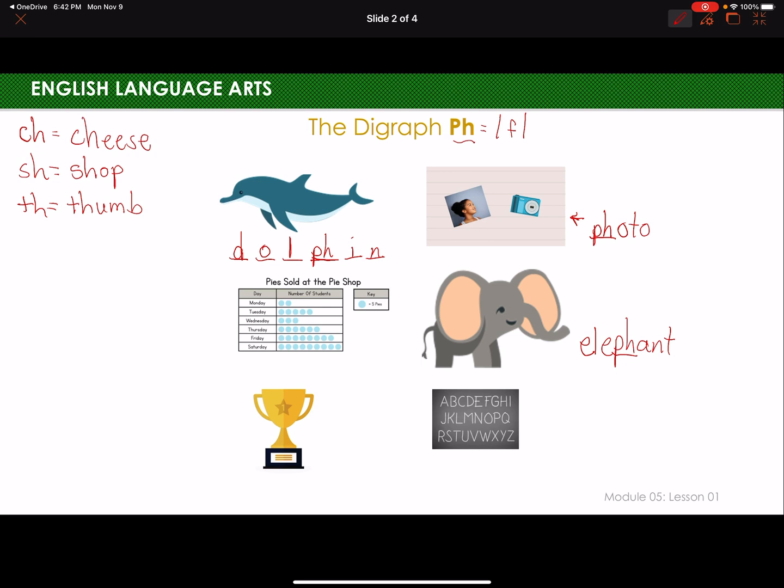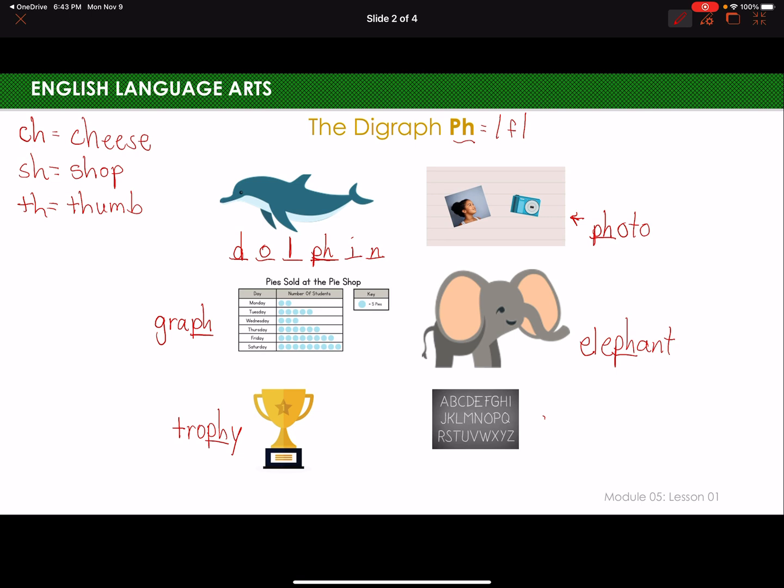Trophy. So trophy, PH makes the f sound. And then we also have a graph. We use graphs to show data or information. And the PH makes the f sound.